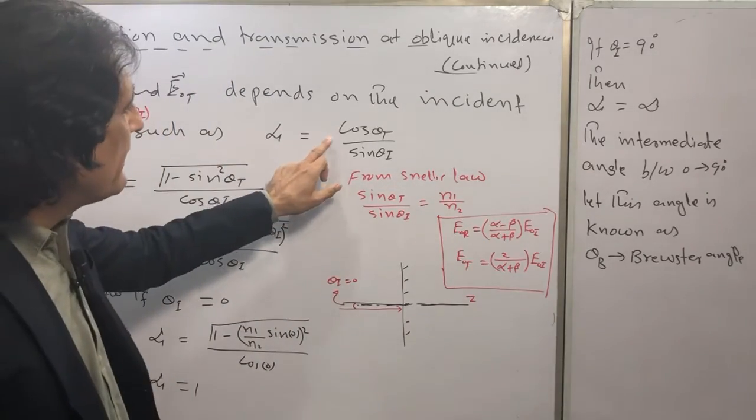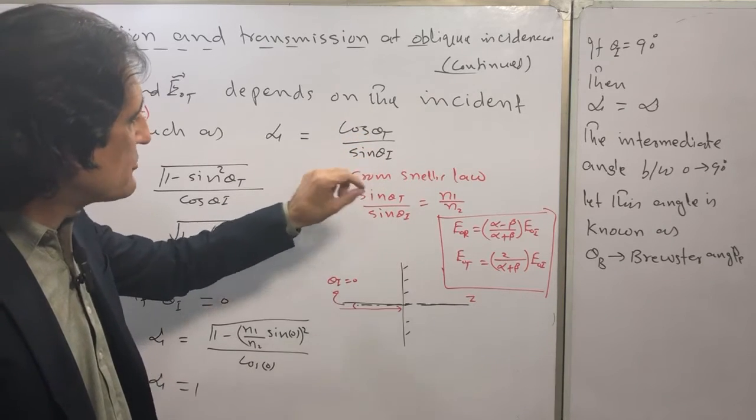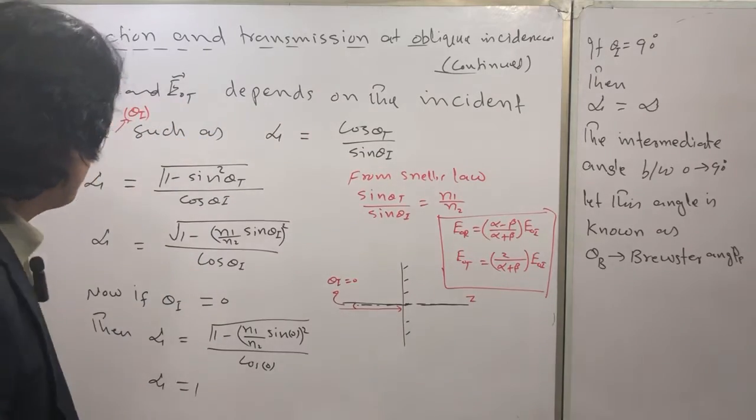Where alpha is equal to cosine theta T divided by cosine theta I. So it means that E naught R and E naught T depend upon the incident angle.